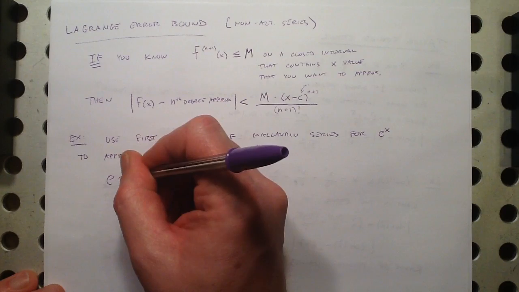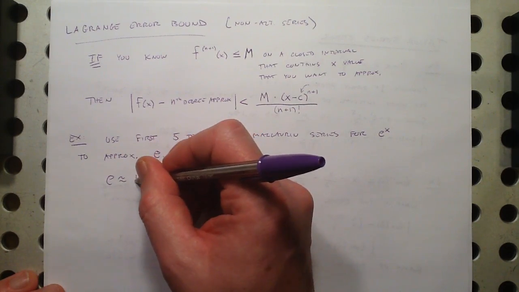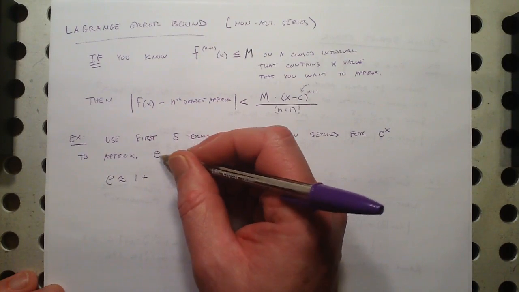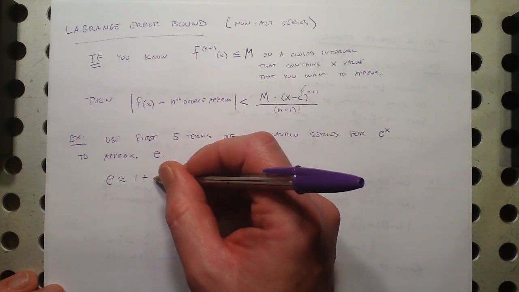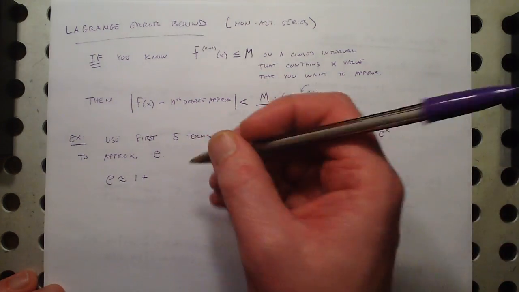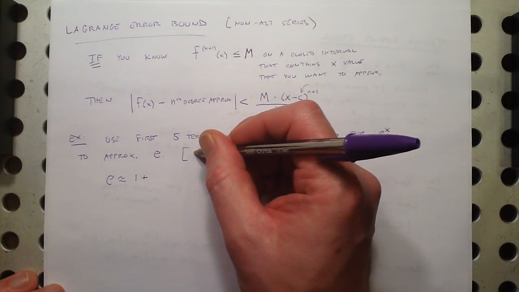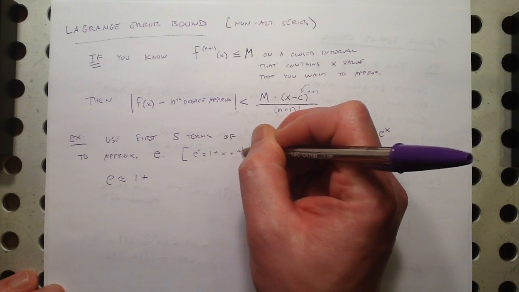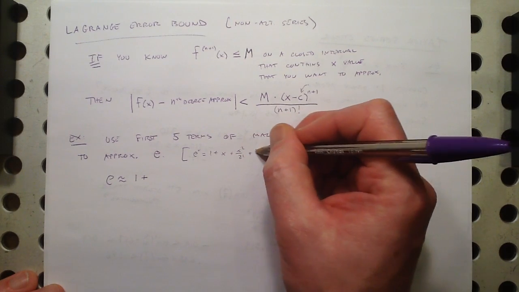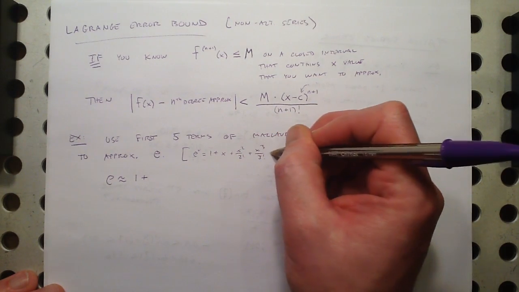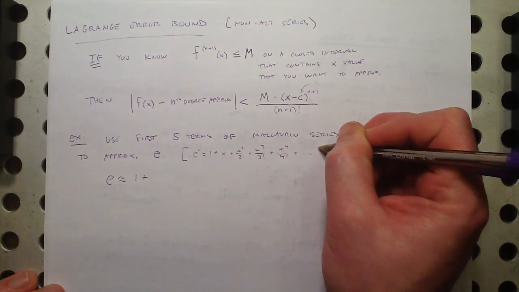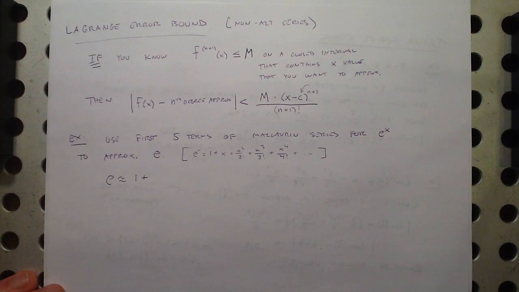So e is approximately equal to 1 plus, then I'm plugging in 1 for x into the series. So maybe I'll just make a quick note here. Remember that e to the x is 1 plus x plus x squared over 2 factorial plus x cubed over 3 factorial plus x to the 4th over 4 factorial, etc. And that's the first 5 terms there.